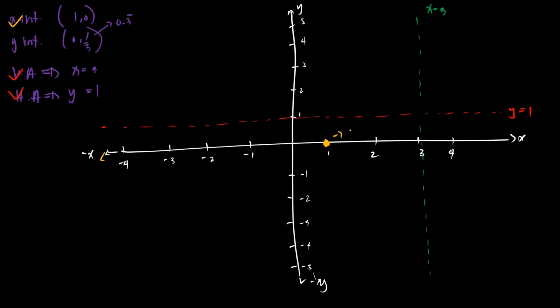Wait lang, let me redraw it again. Ito si 1, 0. Tapos si y-intercept, sabi dyan, 0 and 1/3. So, yung 0 and 1/3, nandito siya class. So, 0.333. So, nandito siya. Okay, ito si 0 and 1/3.